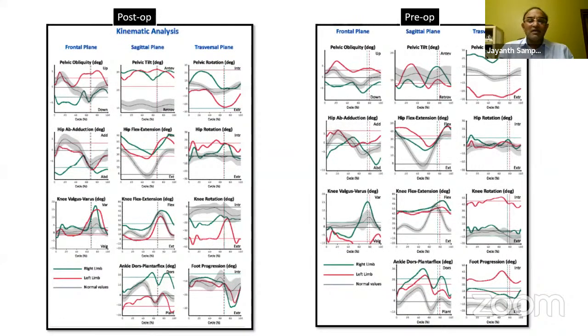If we look at her post-op gait analysis compared to the pre-op gait analysis, you can see that the amount of hemipelvic retraction that she had has gone down significantly, but now she is moving the pelvis a lot more because of her weight gain and because of increased energy consumption.